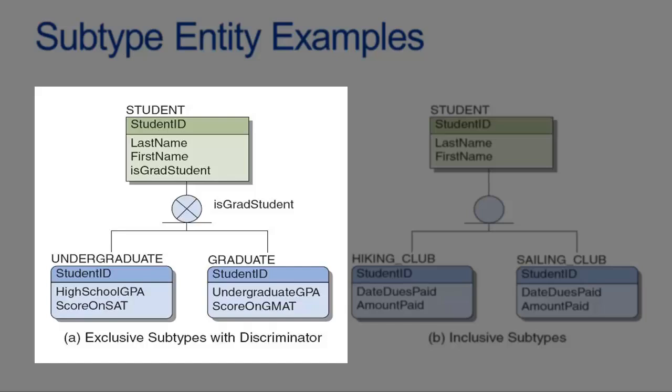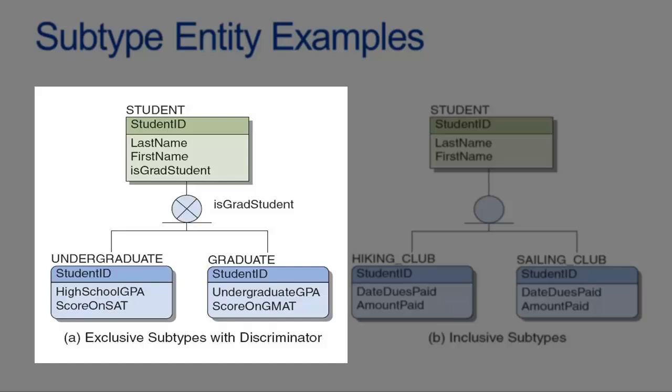Note here that we have an attribute in our supertype table named isGradStudent, for which we can imagine that values might be true or false, which tells us which of the relationship paths to follow in order to get further information about this specific student. Also note that each of the subtypes, undergraduate and graduate, contains attributes that apply only to that specific type of student.